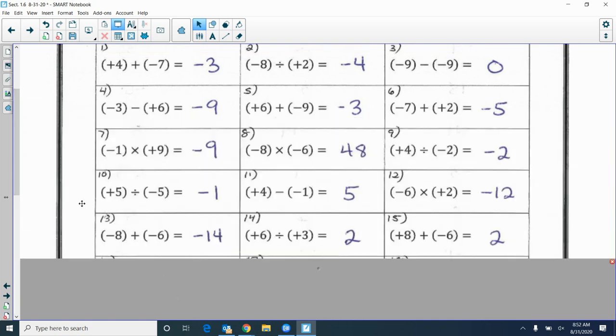All right, so number 1 is -3, 2 is -4, 3 is 0.